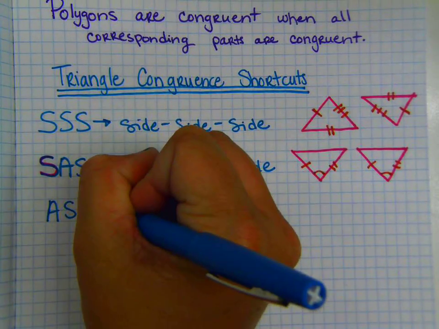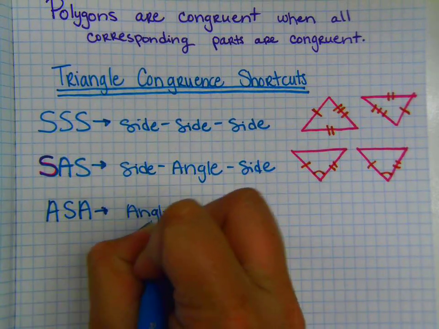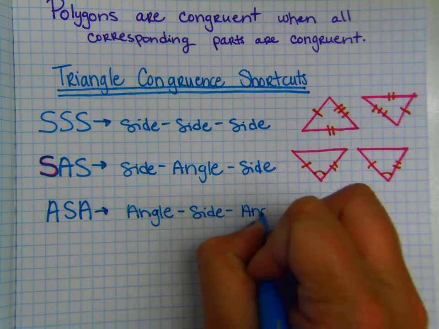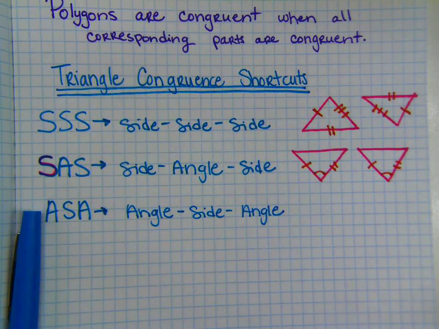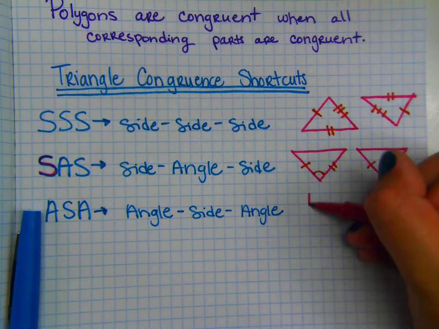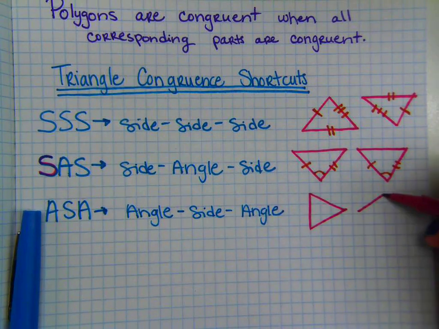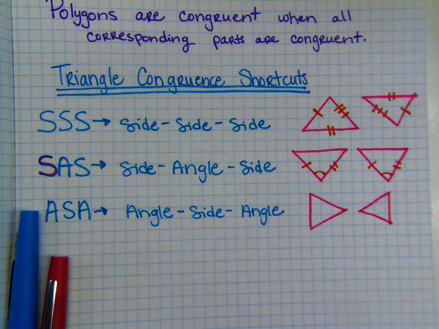ASA is the next one, which is angle, side, angle. And I'm going to draw different looking triangles this time. So angle, side, angle.